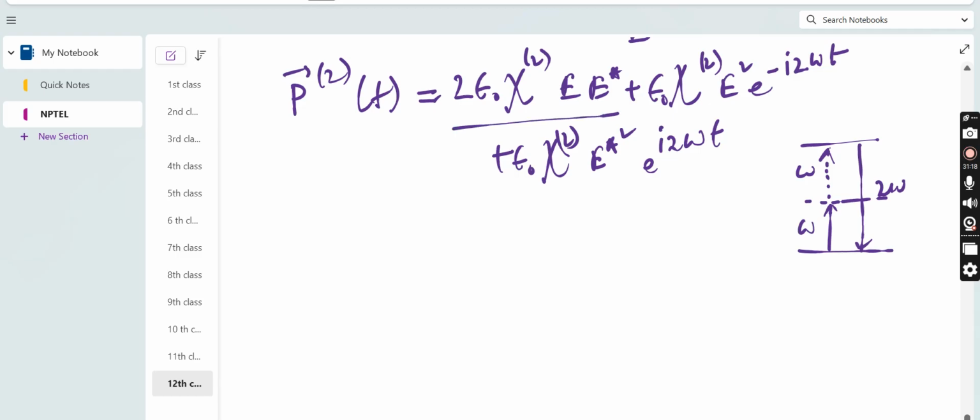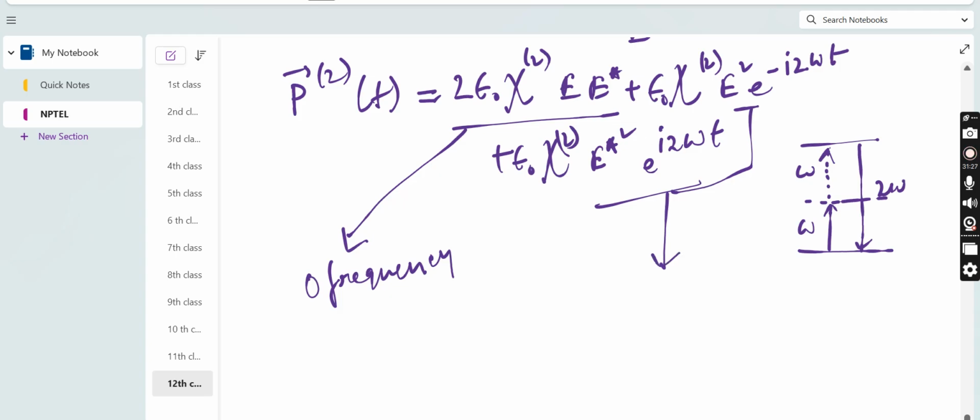So this contribution has zero frequency, and these two contributions are at 2 omega frequency, and this is second harmonic.